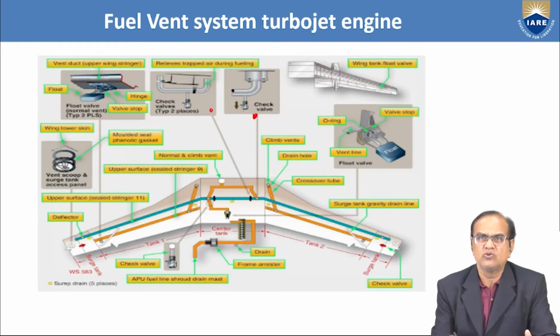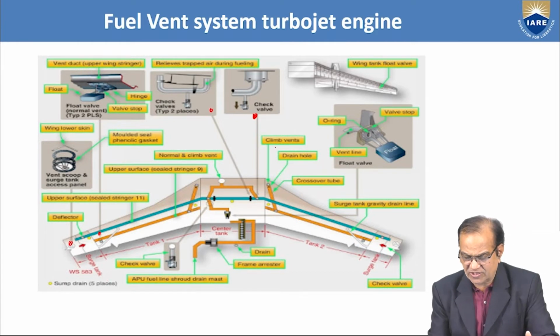These are the two check valves. Then this is the float valve, normal vent. We have a float valve here, and here also. Then we have the vent scoop and the surge tank, then the upper surface seal stringer, and then the deflector.